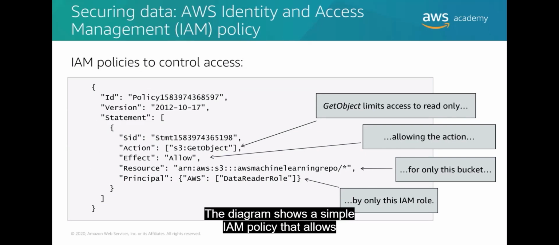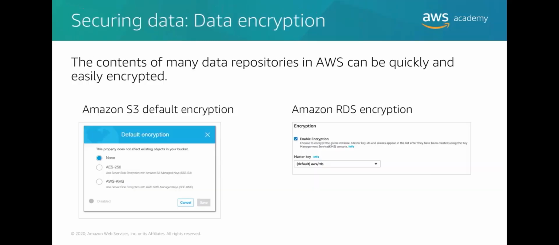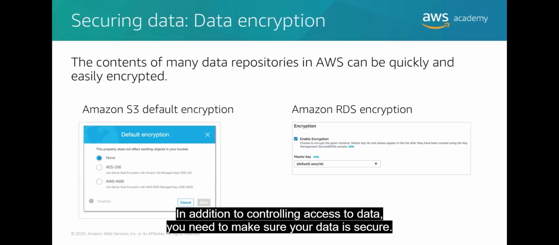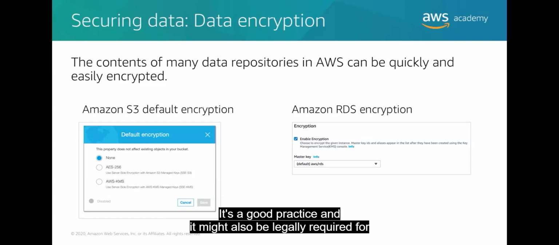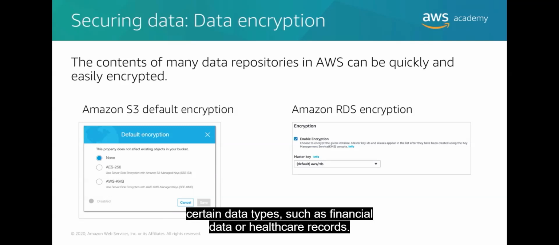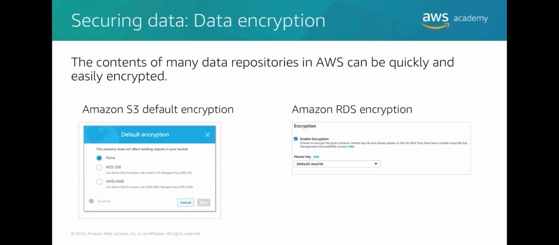The diagram shows a simple IAM policy that allows only read access to a specific S3 bucket for the listed role. In addition to controlling access to data, you need to make sure your data is secure. It's a good practice, and it might also be legally required for certain data types, such as financial data or healthcare records.